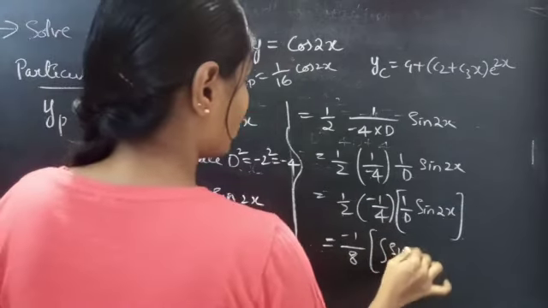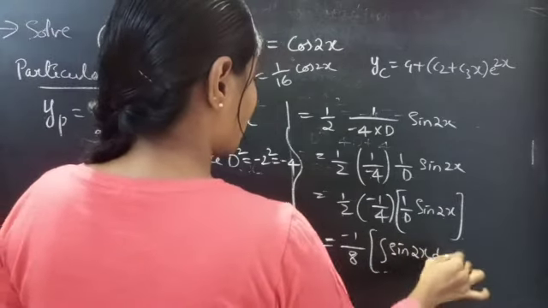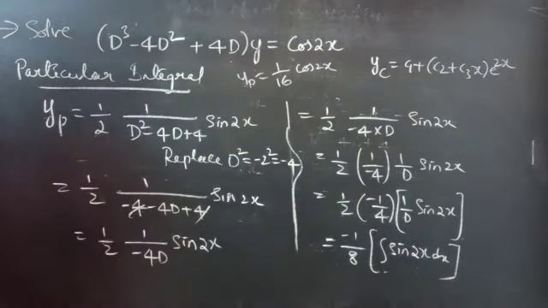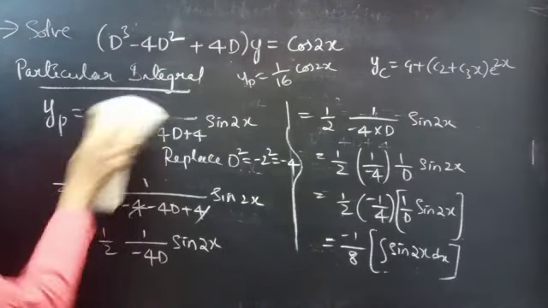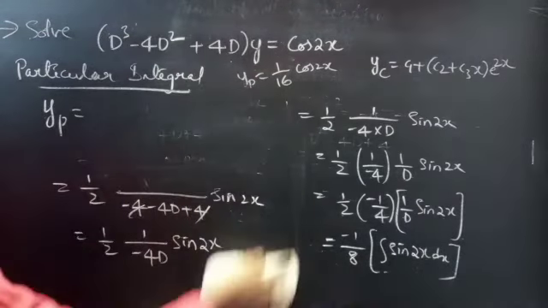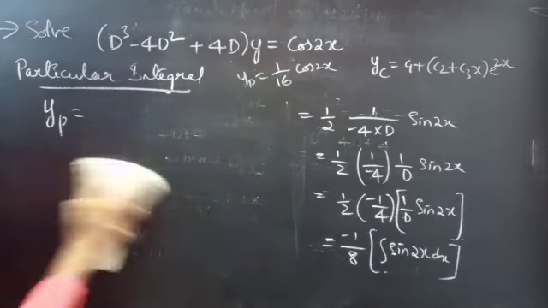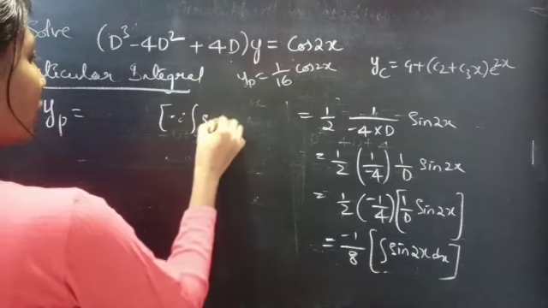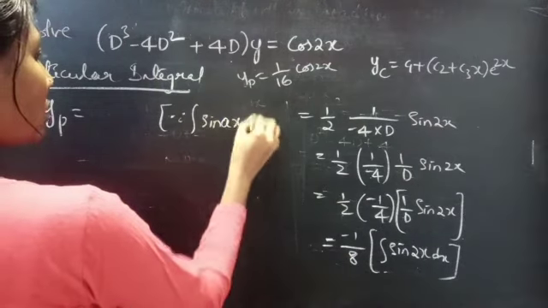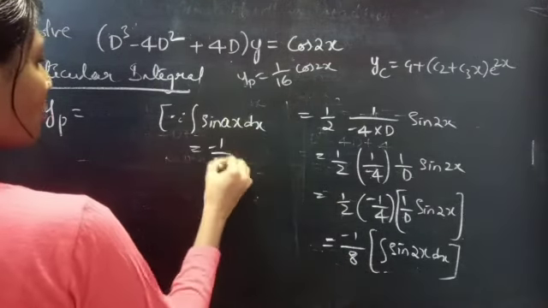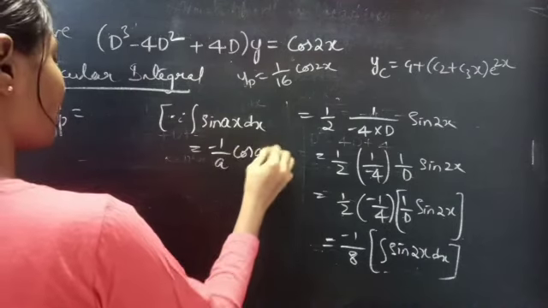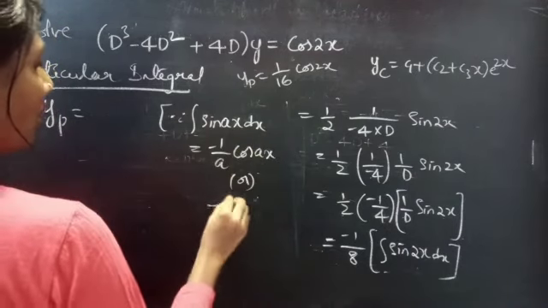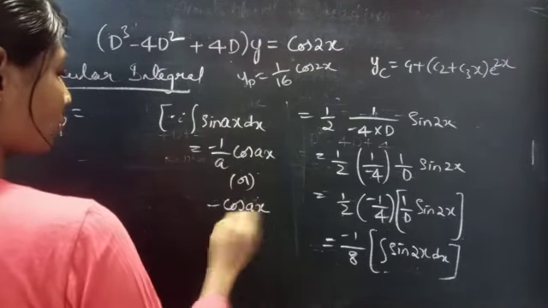is integral sin 2x dx. We know that integral sin ax dx equals minus 1 by a cos ax, or minus cos ax by a.